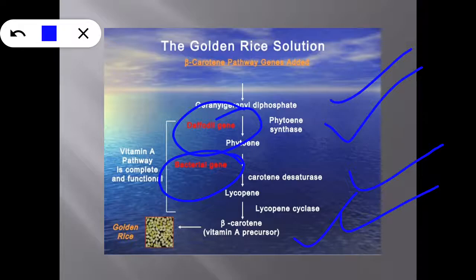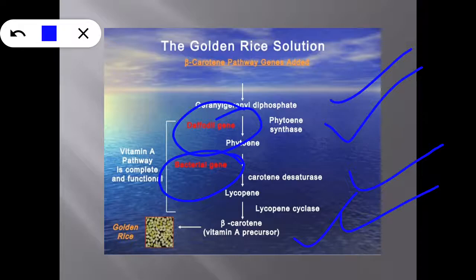Later, as the scientists came to know that in the normal traditional rice lycopene cyclase is synthesized, they stopped this and started isolating only the phytoene synthase, that is one gene from the daffodil, and the second gene is from the bacterium, that is carotene desaturase.